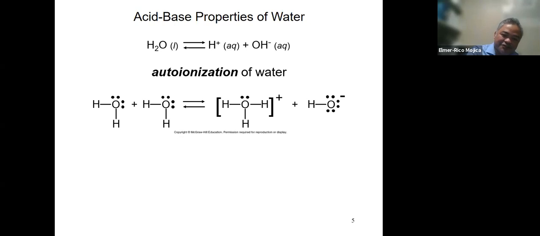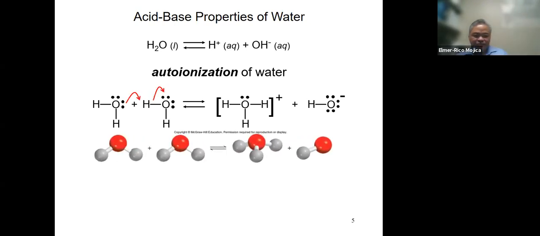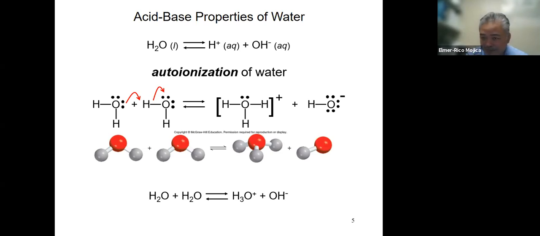So if you look at this reaction that we have here, we can have water that acts as an acid and another water that acts as a base. Do you follow me? So which water acts as an acid and which water acts as a base?